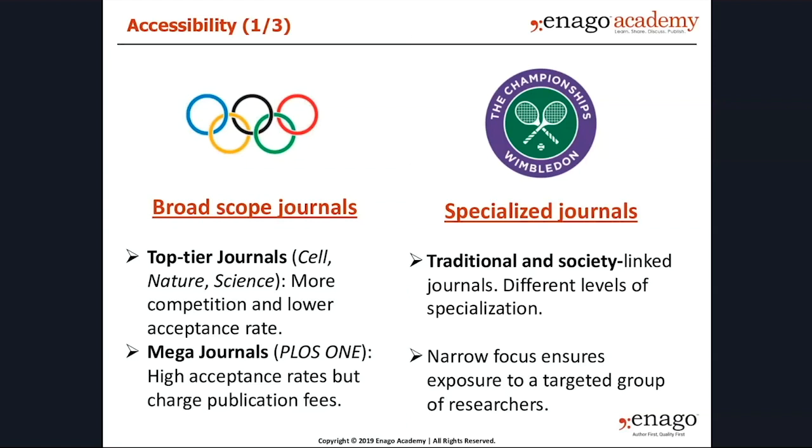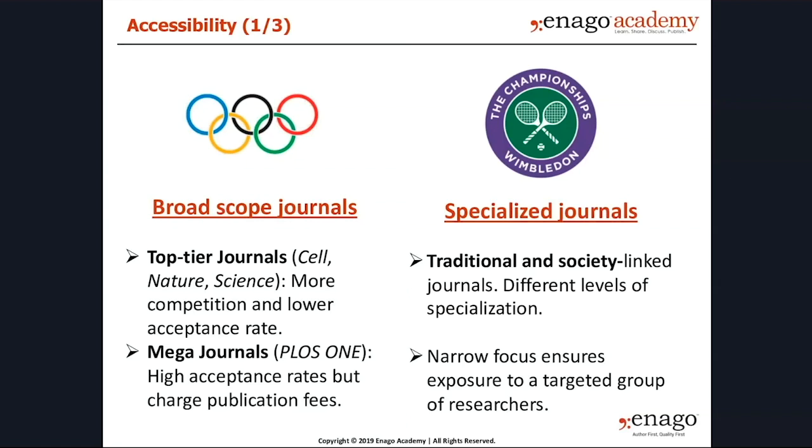So because they're not looking for that novelty that those top tier journals do, they have higher acceptance rates. In some respects, it's not necessarily easier to get accepted in those journals because the research still needs to be sound and be written to a high standard to be accepted.